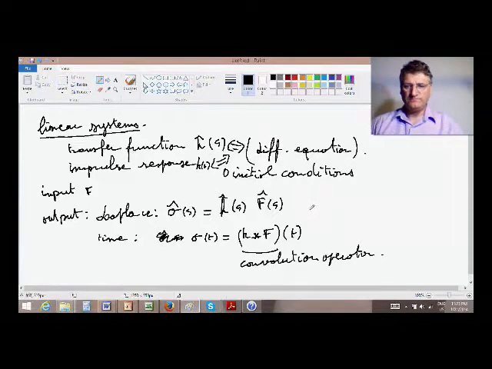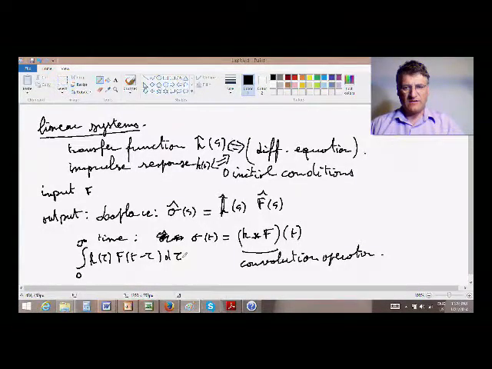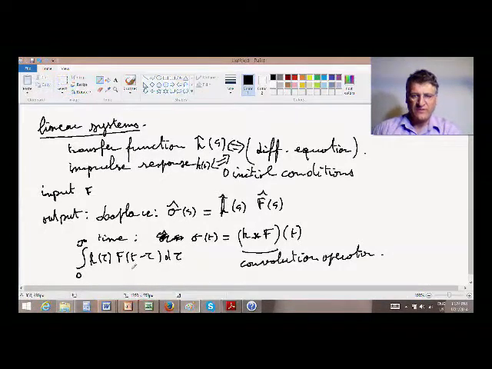Now, let's compare how much it costs to compute this with how much it costs to compute that. Here, a convolution is the integral from 0 to infinity of h of tau f of t minus tau d tau.